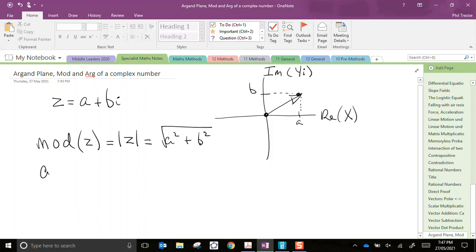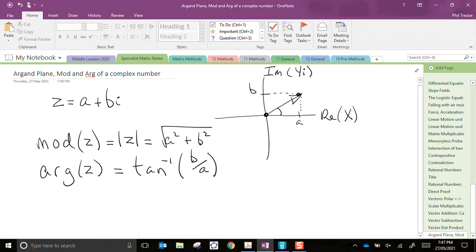The argument of z is the angle, and so we would use trigonometry to find the inverse tan ratio of b divided by a.